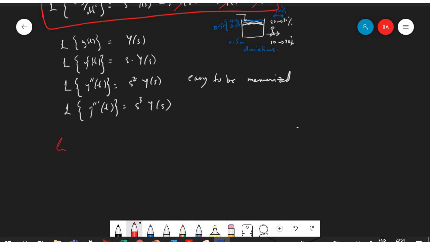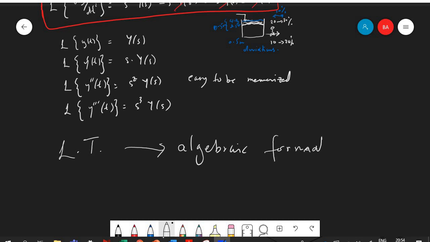Finally, the Laplace transform helps us to take everything into an algebraic format. And of course, if everything is in the algebraic format, it's easy to solve, and actually it will be easy to analyze as well, and we can do a lot.